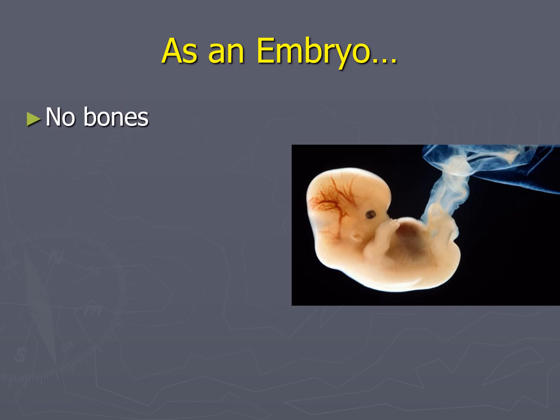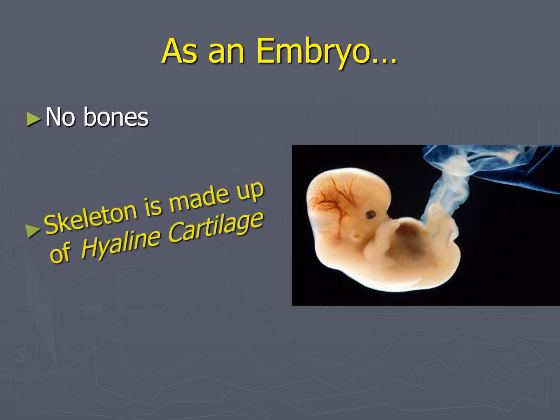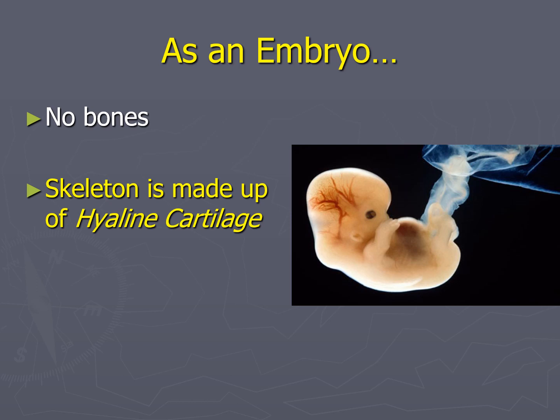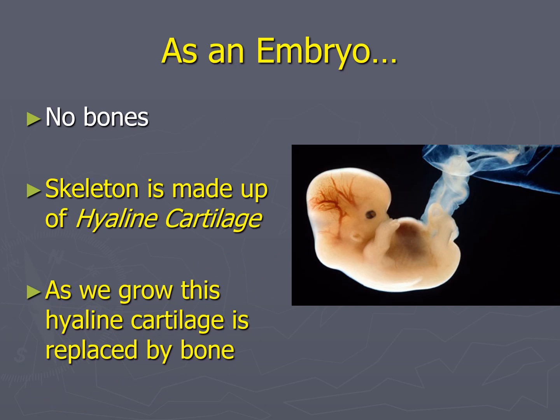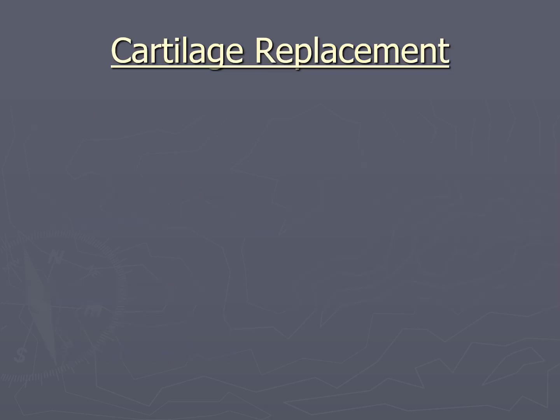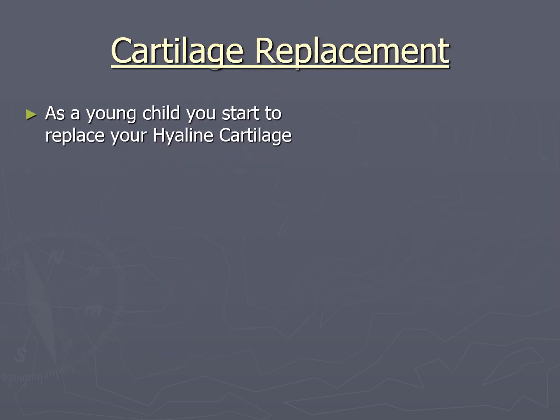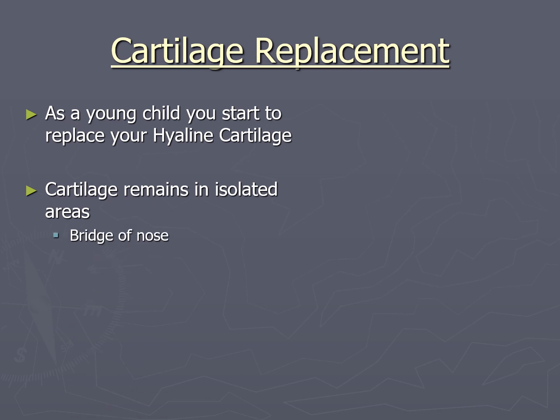As an embryo, you have no bones. Instead, the skeleton is made up of hyaline cartilage, and as we grow, this hyaline cartilage is going to be replaced by bone. As a young child, this hyaline cartilage starts to get replaced, and it remains in a few isolated areas.